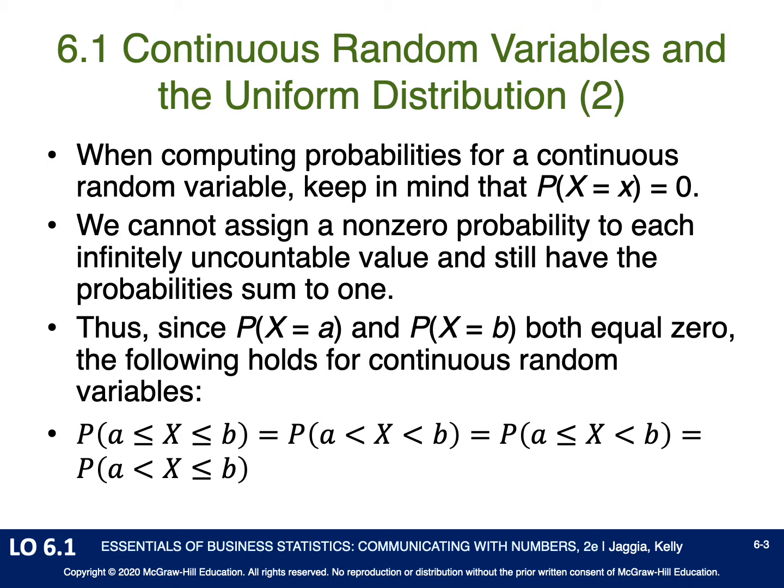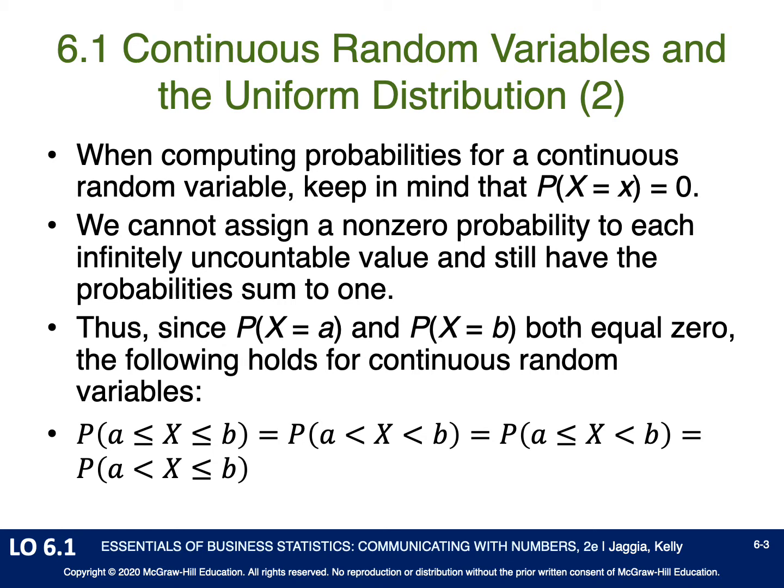So when we are looking at continuous variables, the probability that a random variable equals a specific countable number is 0 technically. It's immeasurable. Since we can't assign a non-zero probability, and those would not all sum to 1, we really can't calculate the probability of exactly one value.